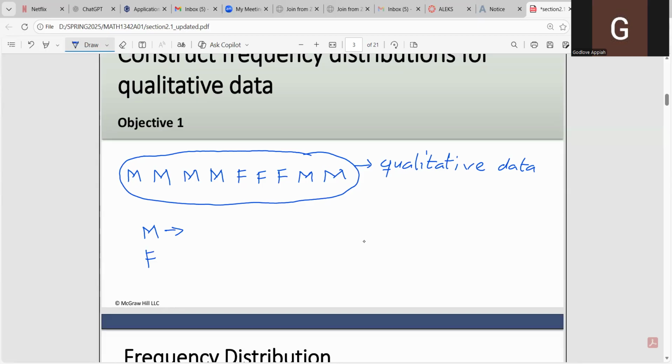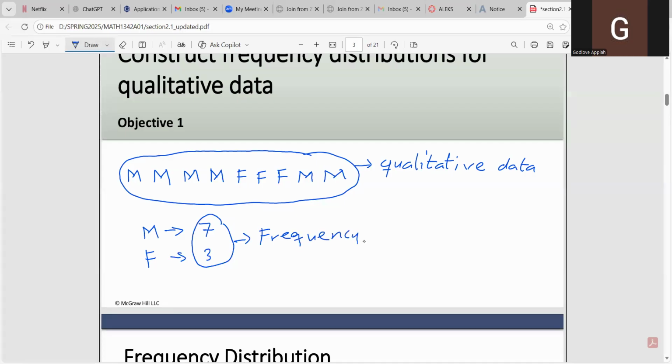It occurs 7 times because there are 7 males in the data. So here, I'm going to have 7 be the number of times the male category occurs in this data set. And the number of times that the female category occurs would be just 3 times. These numbers we have here are simply what we refer to as the frequency of each of these two categories.